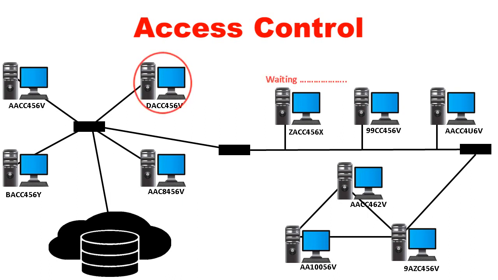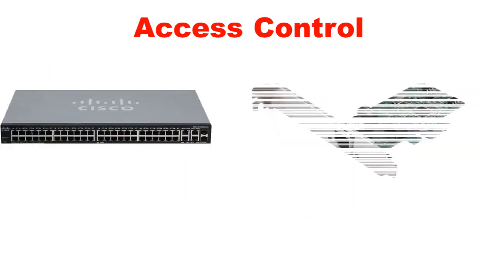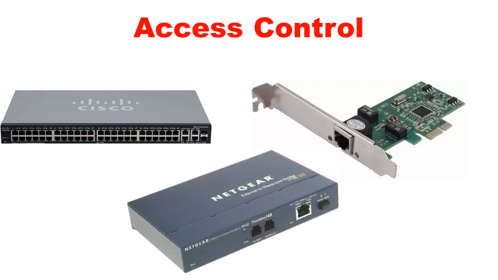That is, when one device has control over the channel, other devices have to wait till their turns come. In this way, access control is one of the vital operations processed by the data link layer. Some of the networking devices which work on the data link layer of the OSI model are switch, NIC and bridge.